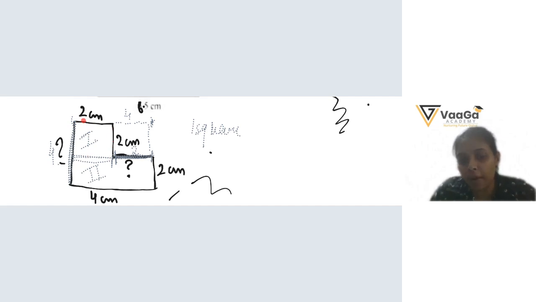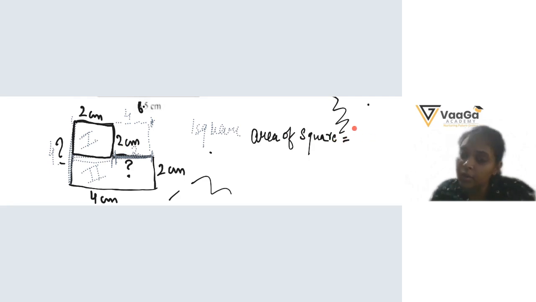So now this is the square I have. And what are the sides of this square? 2 centimeters and 2 centimeters. So the area of a square will be 4. And what about the rectangle? What will be the area of this rectangle? It will be 8 centimeters square.